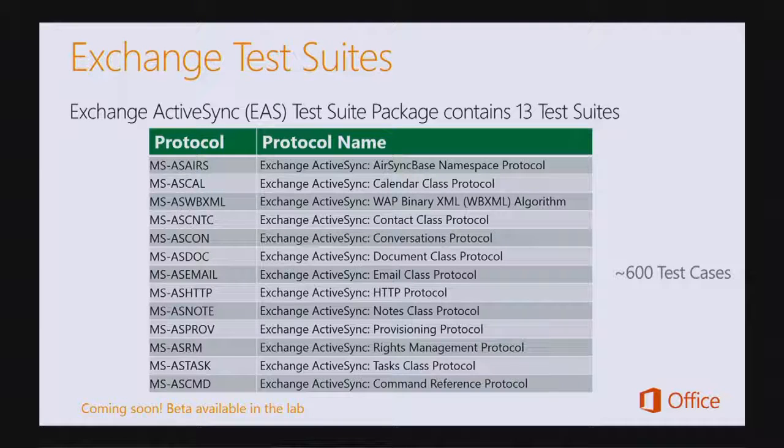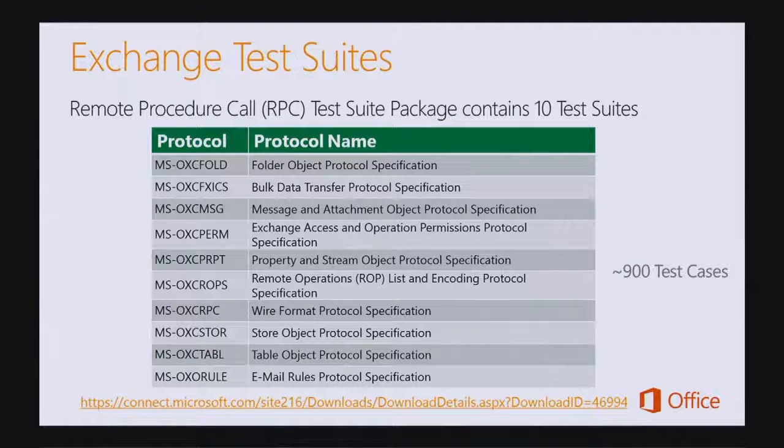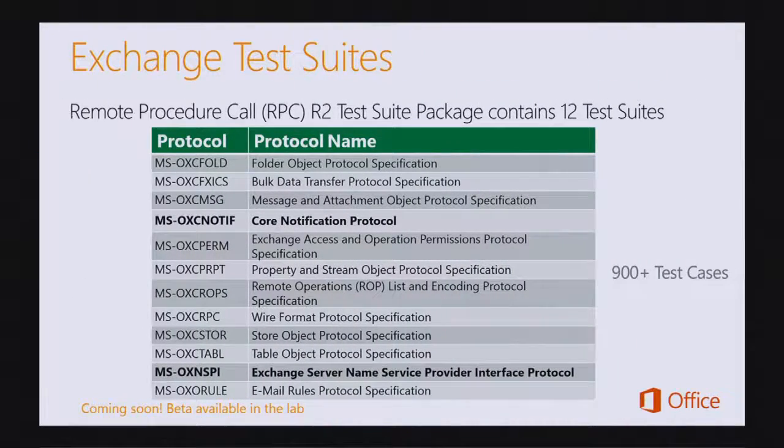So the next one. We've also already released RPC revision 1, the test suite that's already available in Connect, but we don't have it in the lab because we are working on the R2 version.